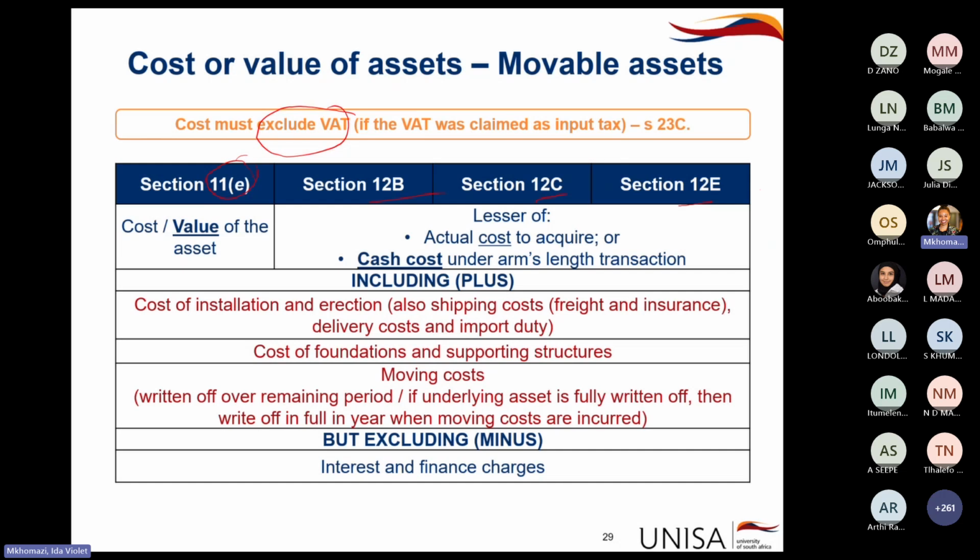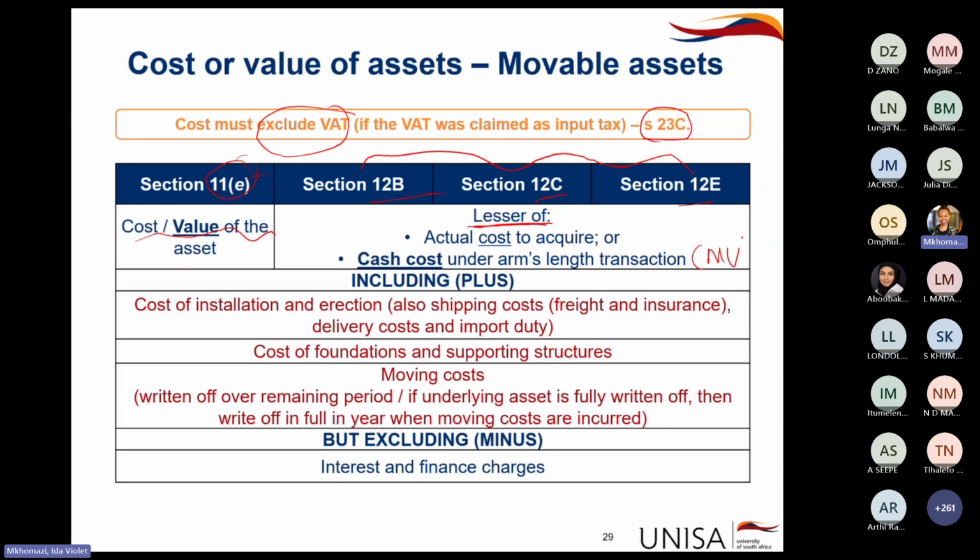So what I mentioned at the beginning, that you need to consider section 23C that says that you need to use the VAT exclusive amount. When we look at section 11E, you use the cost or the value of the asset. But for these other 3 sections, you need to use the lesser of the actual cost of acquisition or the cash cost under an arm's length transaction.